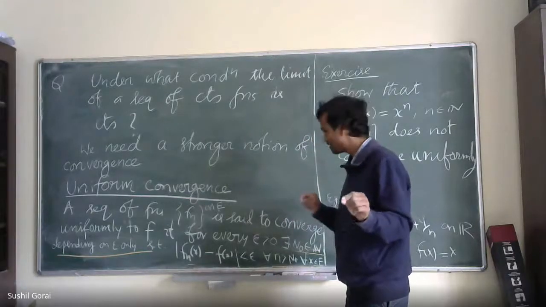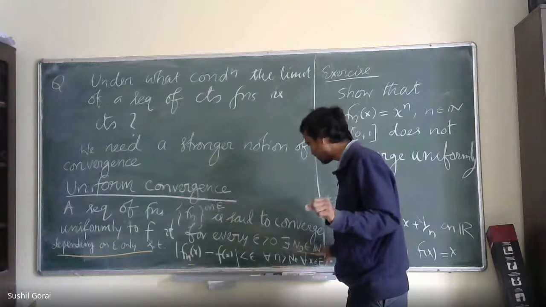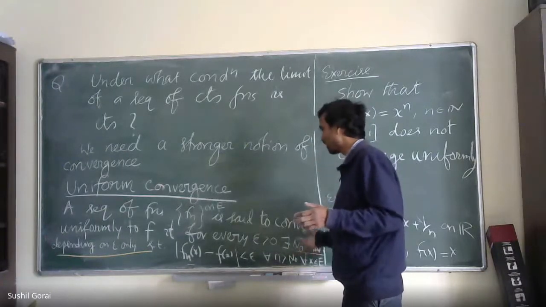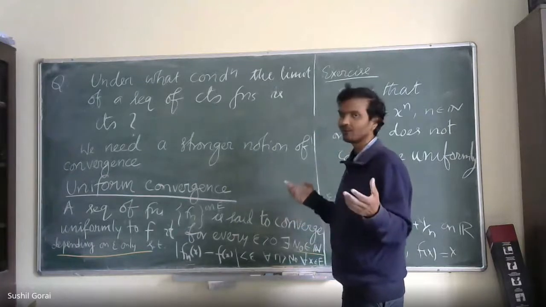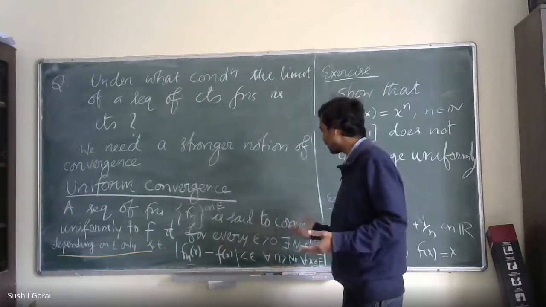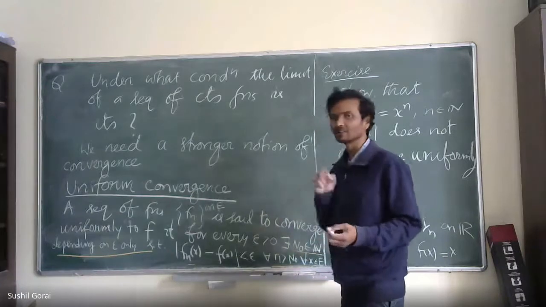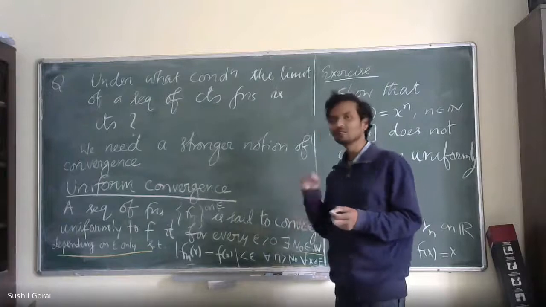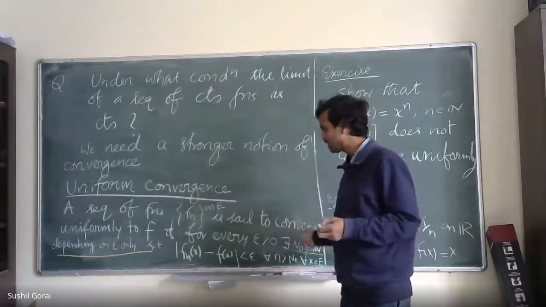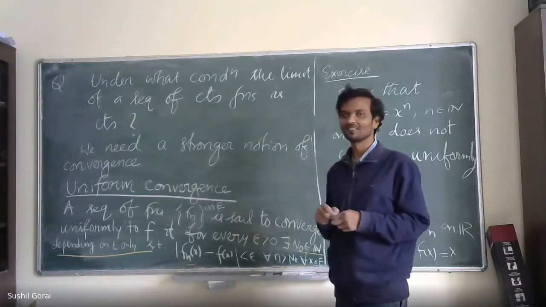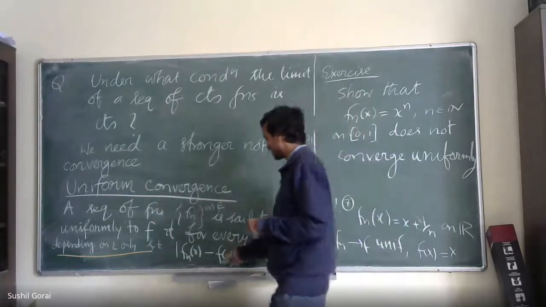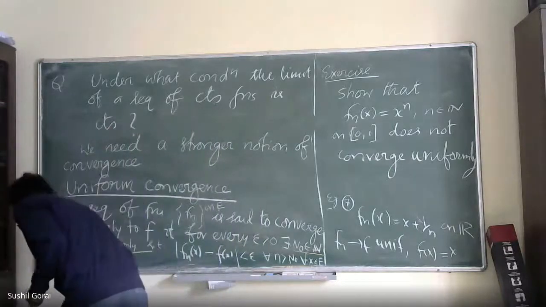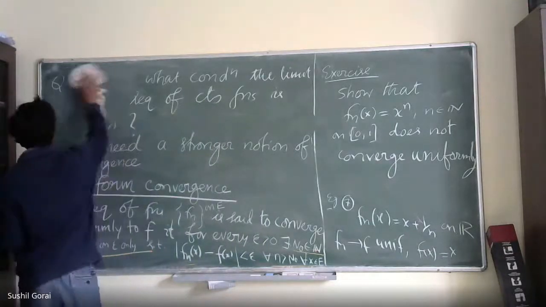The difference is this n naught in the definition, which works for every x. On the other hand, in the pointwise limit you have this n naught depending on x. As x changes, your n naught will change. In this case, this n naught will not change. So maybe I'll draw a picture.